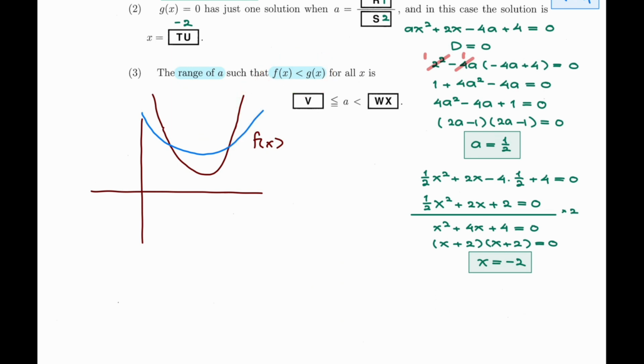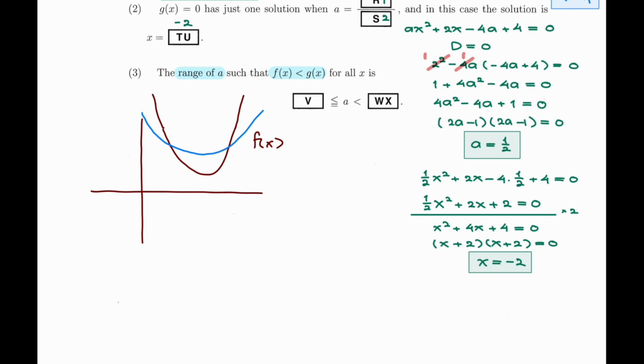So my point is, if these two parabolas intersect with each other, then this inequality is not correct. So for f of x below g of x, these two parabolas cannot have a point of intersection.